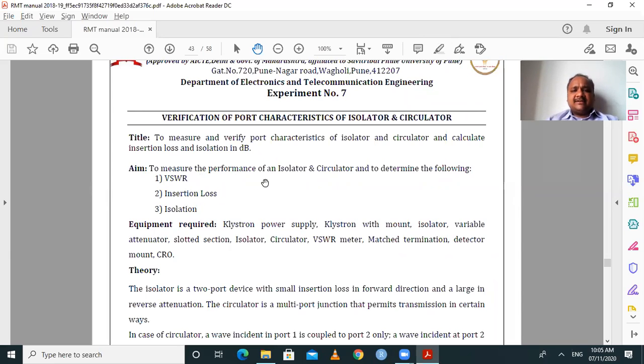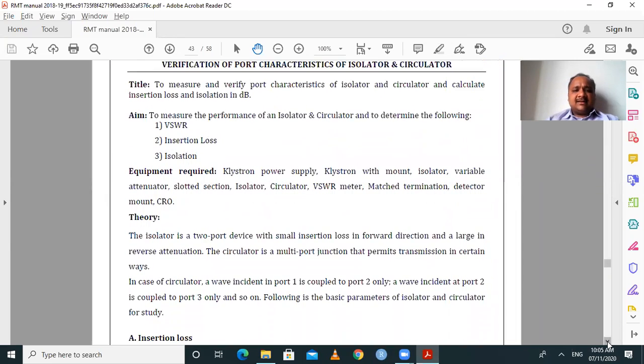But for the circulator, you can calculate the VSWR and insertion loss. Isolation is not possible in the case of a circulator.